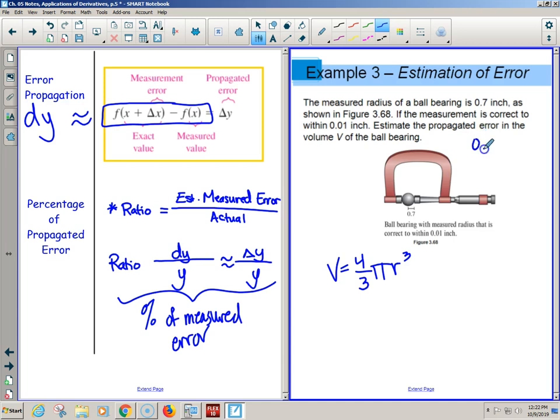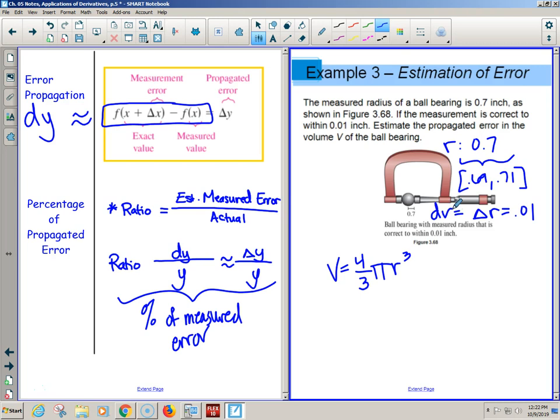Because basically, if 0.7 is correct within 0.01, doesn't that mean that my actual is going to be somewhere between 0.69 and 0.71? Does that make sense? So my change in r is equal to 0.01, which is the same thing as dr.